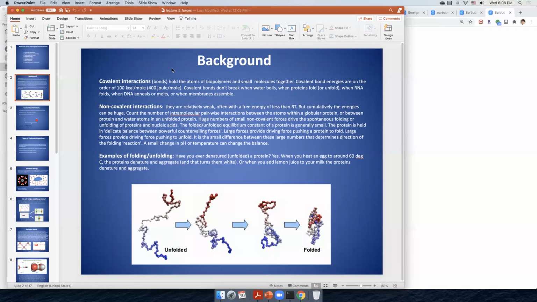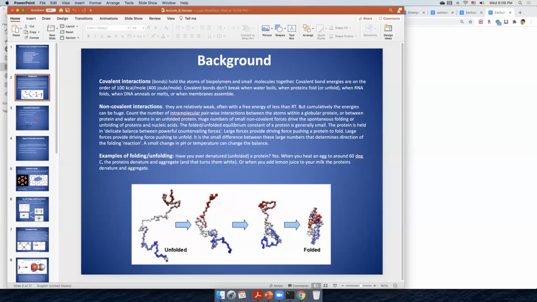Such chemical bonds hold the atoms of biopolymers together. For example, this is a classic folding process of a peptide folding into a protein. A peptide is a sequence of amino acids.